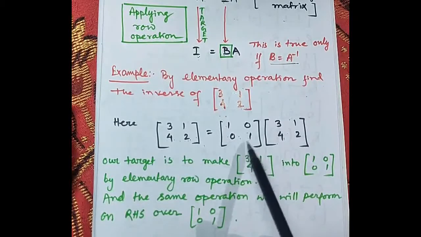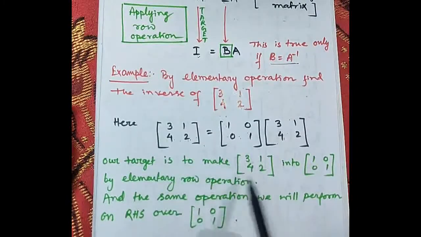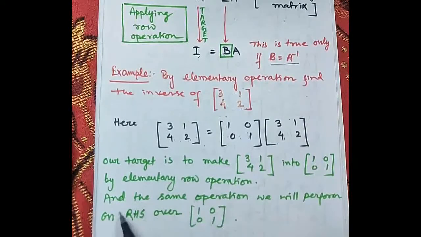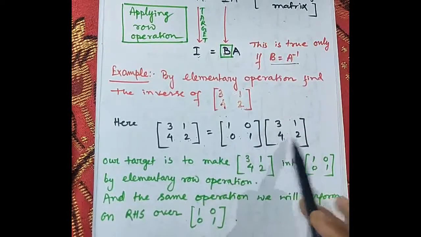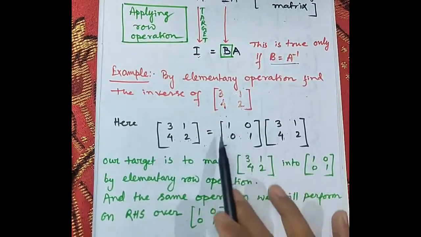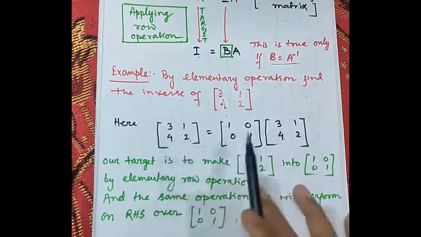So this matrix will convert to another matrix and that will be the value of A inverse. So our target is to make this into this by elementary row operation, and the same operation we have to perform in the RHS over this. This we will keep as it is, no need to change it. Only the operation we have to apply here and here.